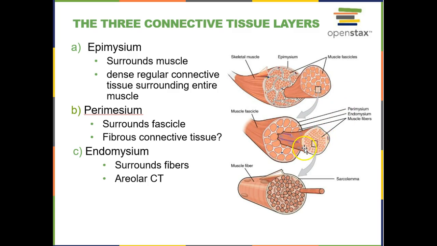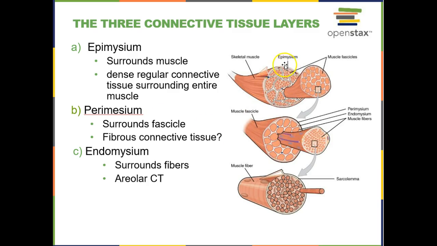So if we start here, this is our individual muscle cell inside of a fascicle, and all of the little white space in there, that cream color, that's connective tissue called endomysium. It is made out of areolar connective tissue. Then surrounding the fascicle, bundling all of those individual fibers together, is perimysium.